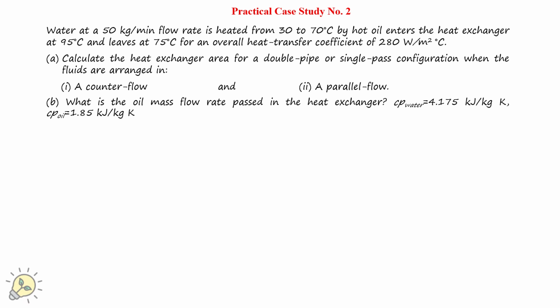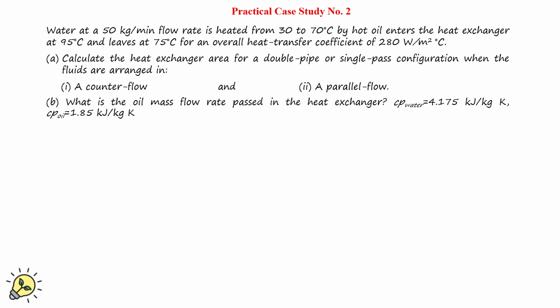And here we have to mention in general that the overall heat transfer coefficient for a system or heat exchanger composed of two fluids, water and oil, usually ranges between 100 and 350 watt per meter square degree centigrade. And this value falls within that range.